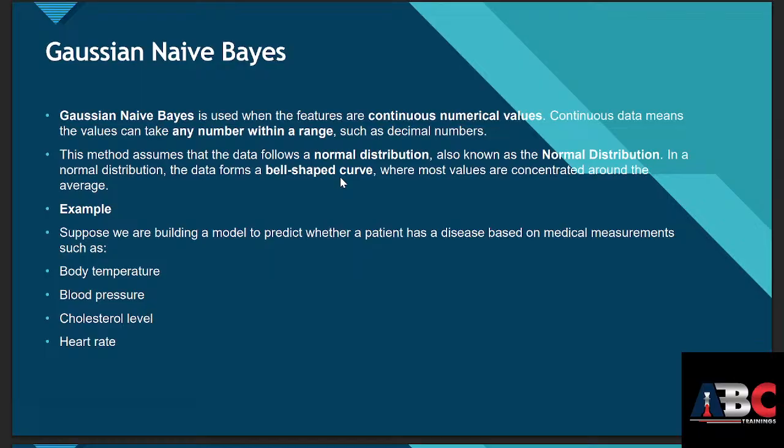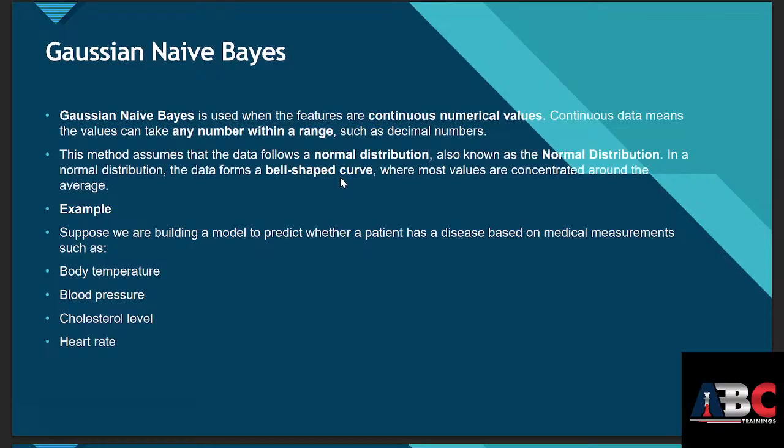These values are continuous numbers. Naive Bayes calculates the probabilities using the assumption that the feature follows a normal distribution. Gaussian Naive Bayes is commonly used in medical diagnosis systems, weather prediction, and risk prediction models, because it works well with numerical and continuous tasks.